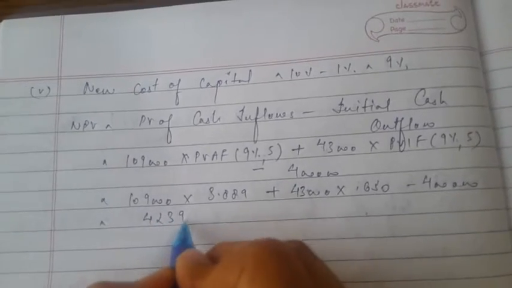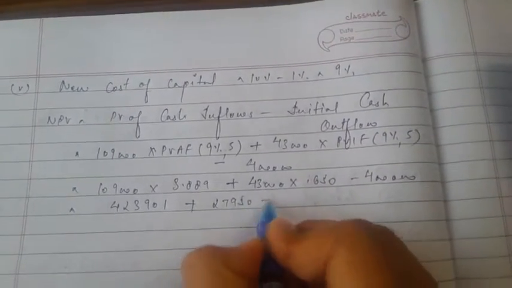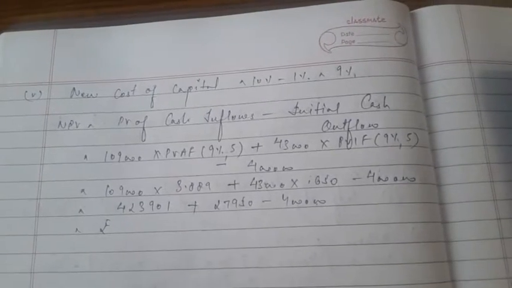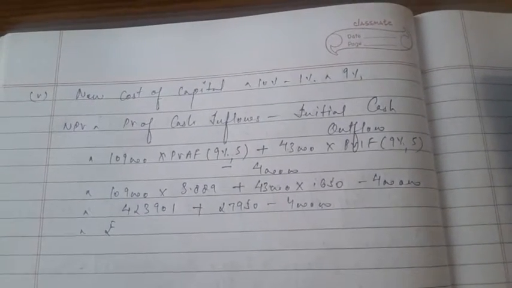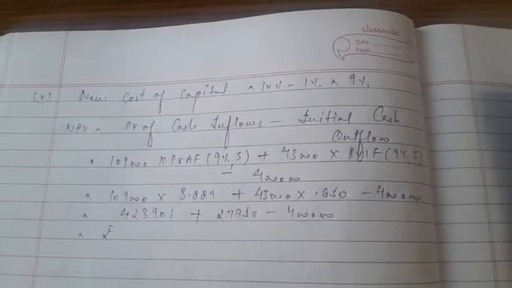Now we'll solve it. It's coming 423,901 plus 27,950 minus 4 lakh. So it will be rupees 51,851.